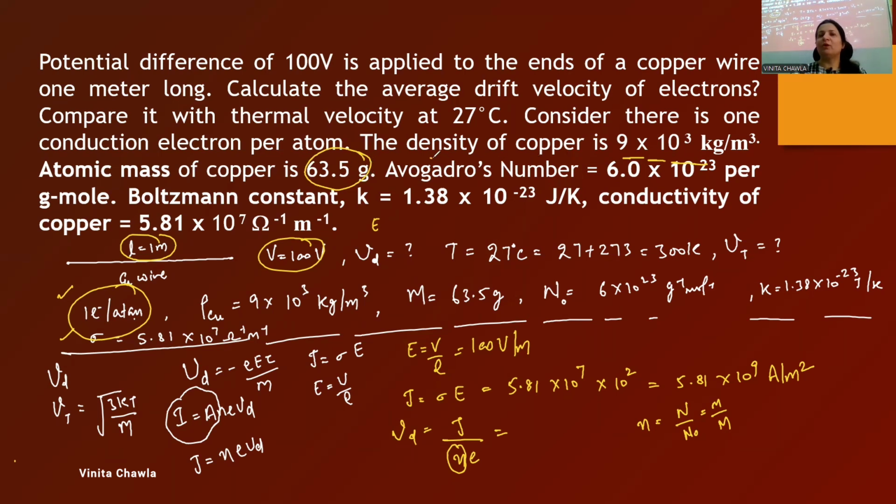So we need to convert this density into gram per meter cube. So in gram per meter cube, we can write, what should I write? 9 into 10 की power 6.